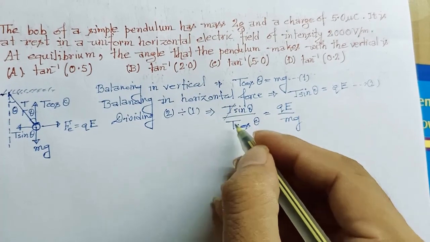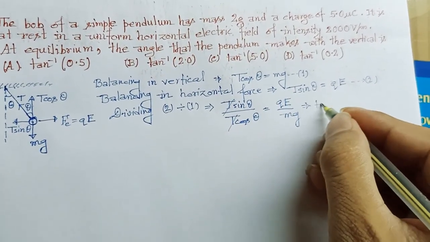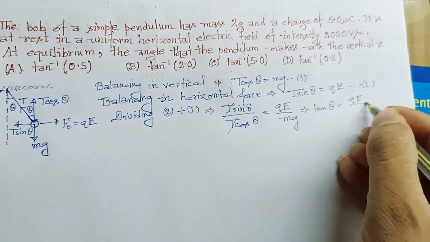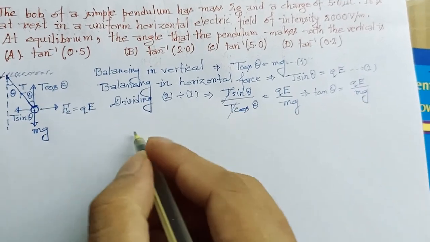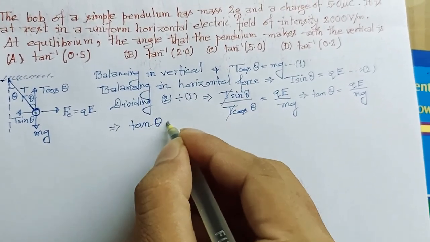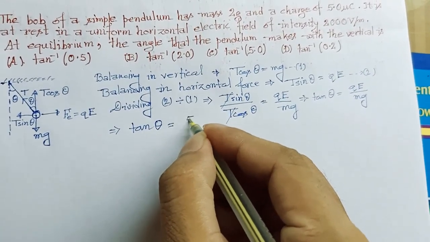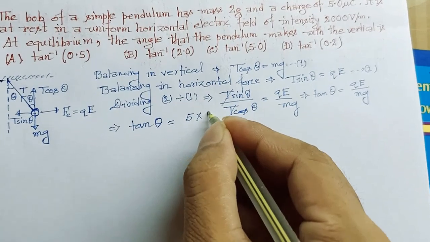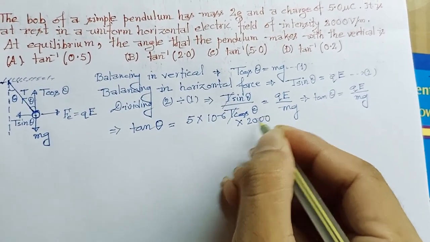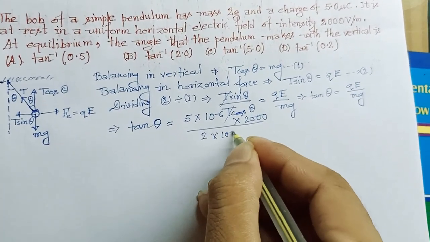Now we can cancel this T from both sides, so we can write tan theta is equal to QE divided by mg. Now substituting all the values, this will be 5 into 10 to the power minus 6 into 2000 divided by 2 into 10 to the power minus 3 into 10.